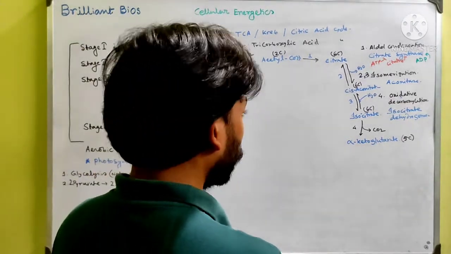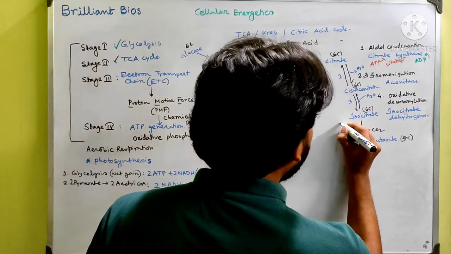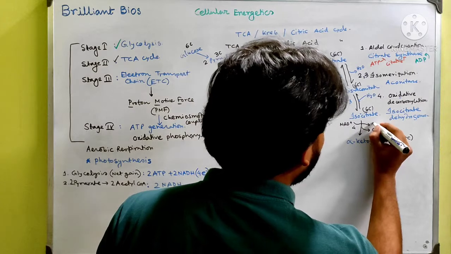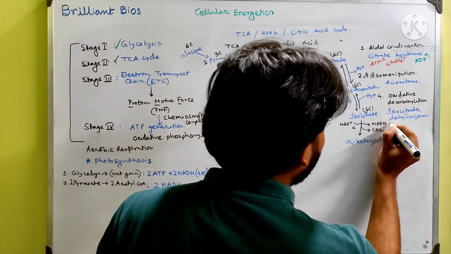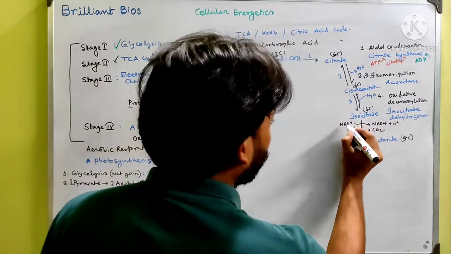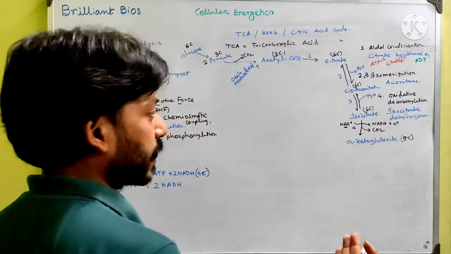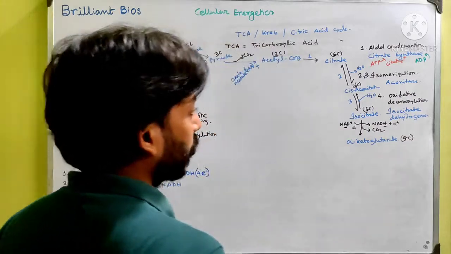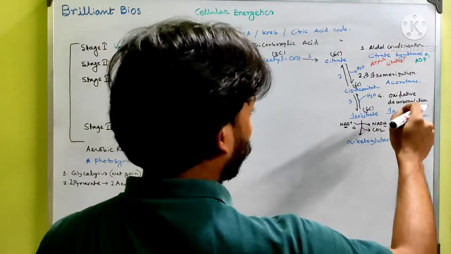To which will it exchange the hydrogens? NAD plus will exchange hydrogen with this and make NADH plus H plus, and this NAD plus actually gets reduced, and isocitrate is actually oxidized to alpha ketoglutarate, so it is called oxidative decarboxylation.